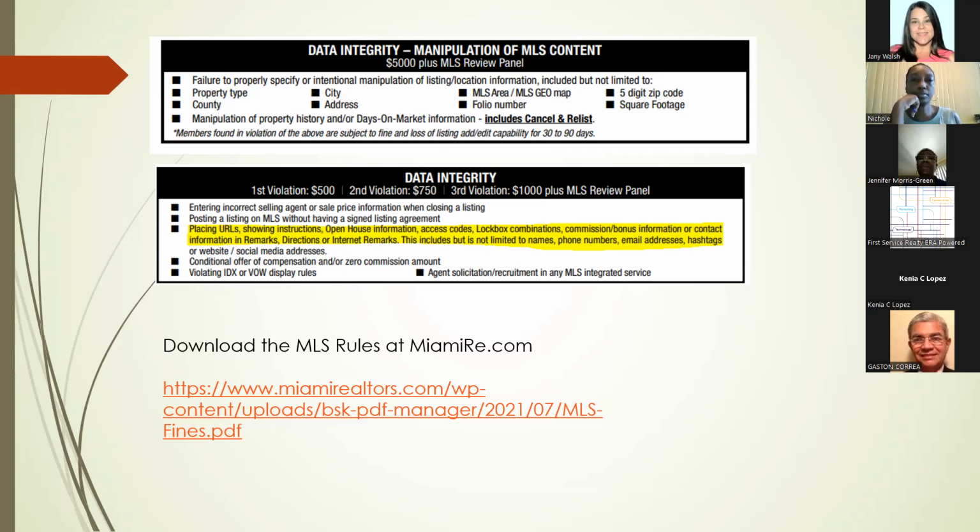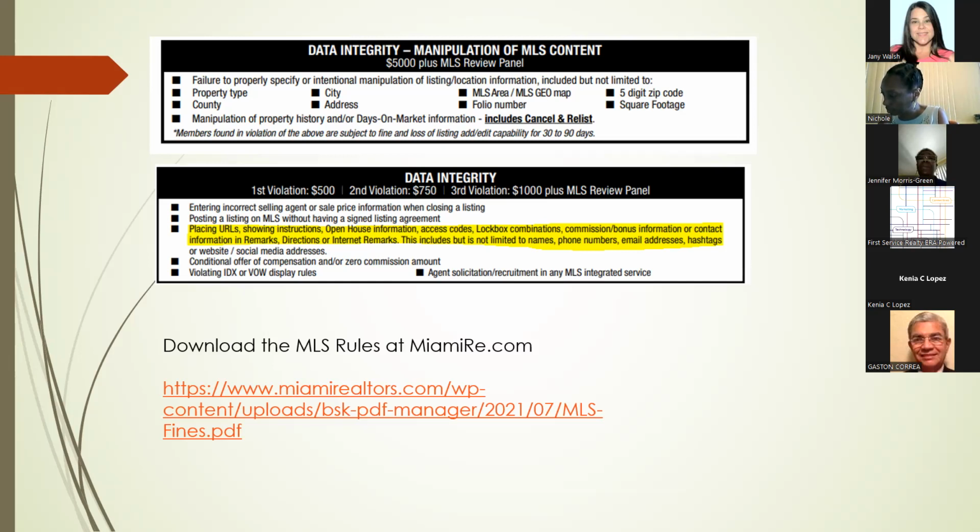One thing that you never want to do when putting in a listing is manipulate the square footage. The square footage that auto-populates from the tax roll cannot be changed. If you change it, you're going to find yourself in a difficult situation, and you're going to put us in a difficult situation as well, because we cannot submit the listing. It will not let us submit it, so we have to write to the board and have them fix it.